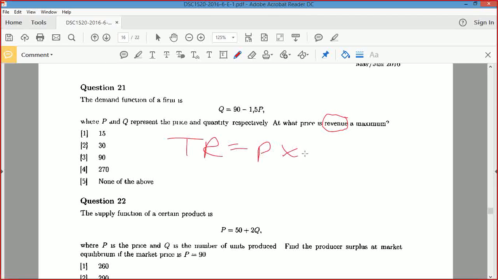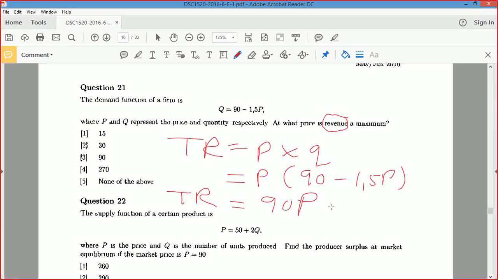Price times quantity. What is the price? P. What is the quantity? 90 minus 1.5p. Okay, so revenue is 90p less 1.5p squared. Give me the derivative of this.